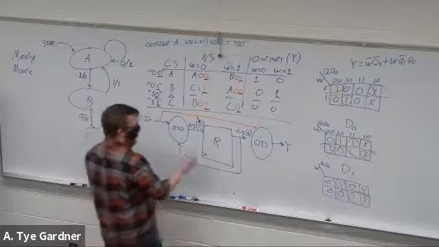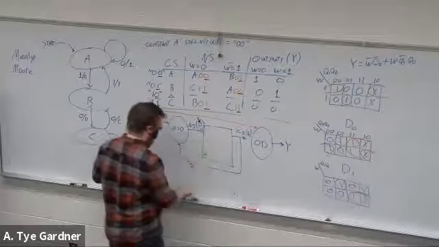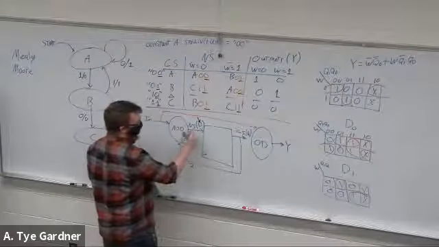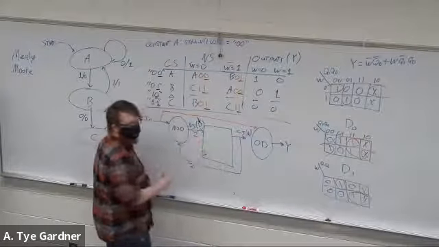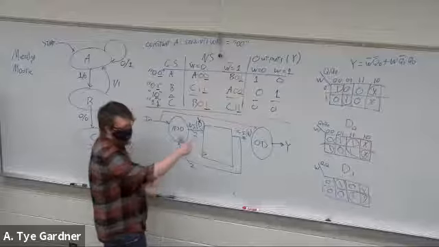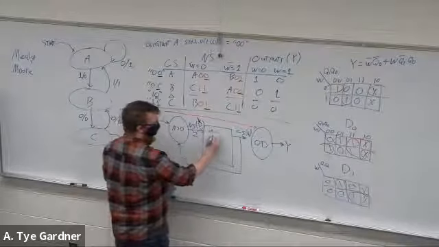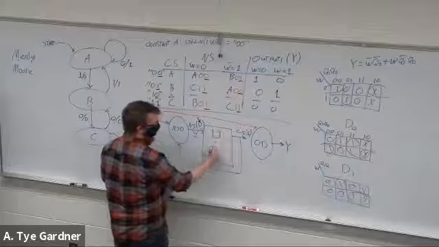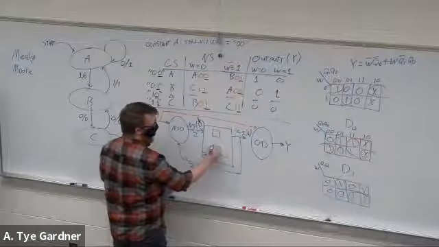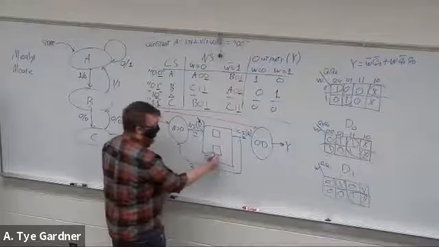I guess it bears just illustrating a little bit. This D vector is 2 bits, right? That's D0, D1. Inside of this register block, then, has to be 2 D flip-flops.